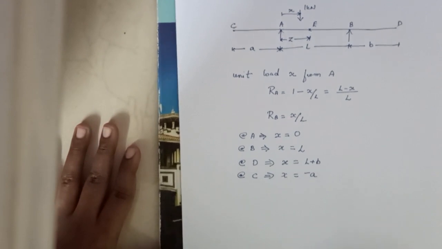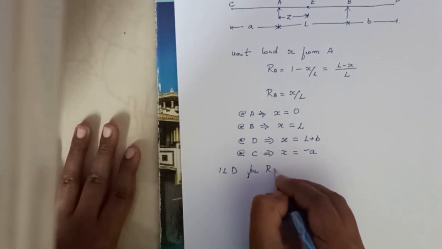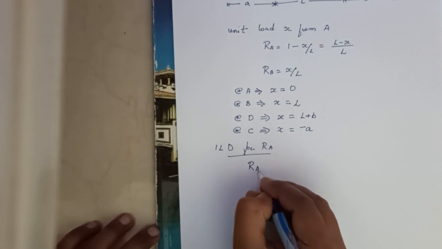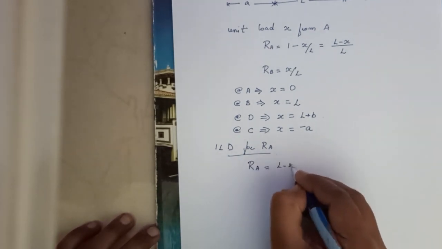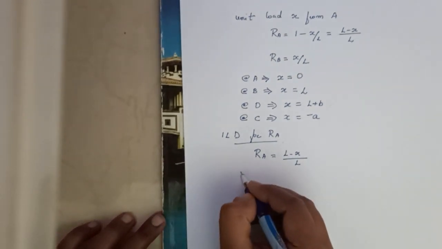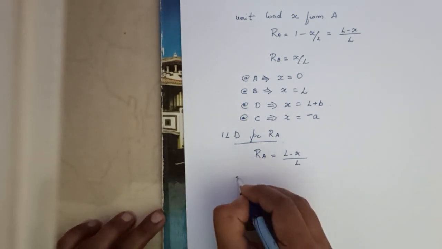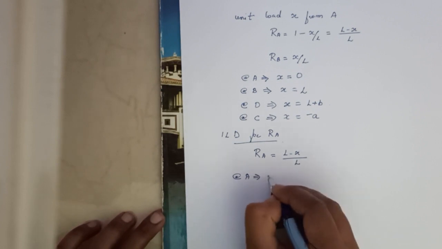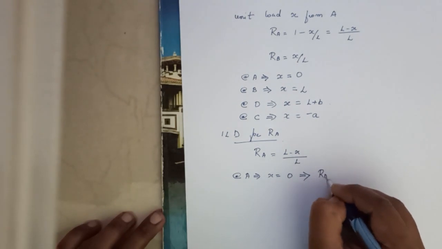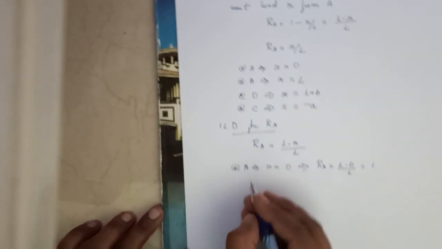minus a. Next is the influence line diagram for reaction at A. We know that RA is equal to L minus x by L. Substitute the values for x. At A, x is equal to 0. Therefore, RA value will be equal to L minus 0 by L, which is equal to 1.